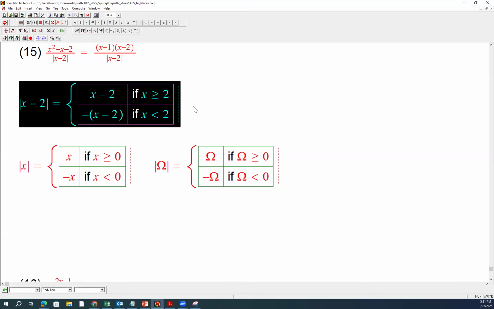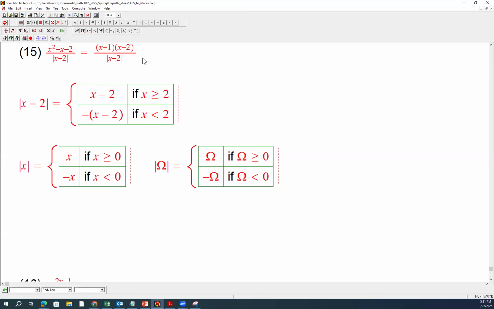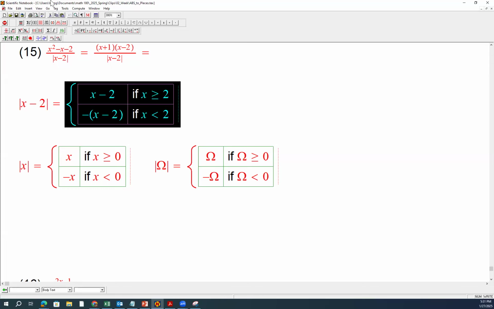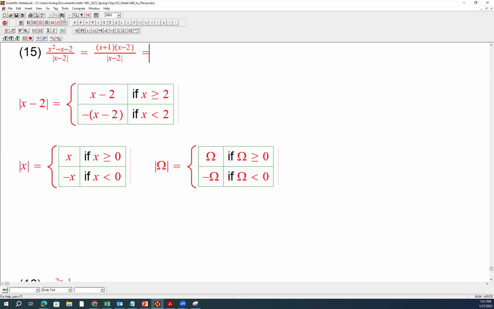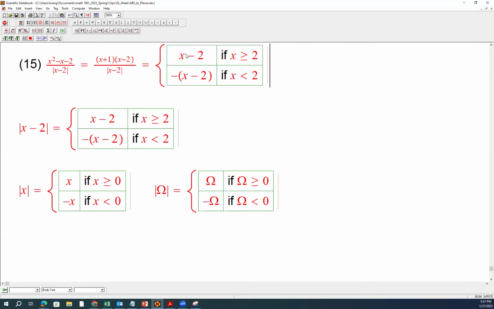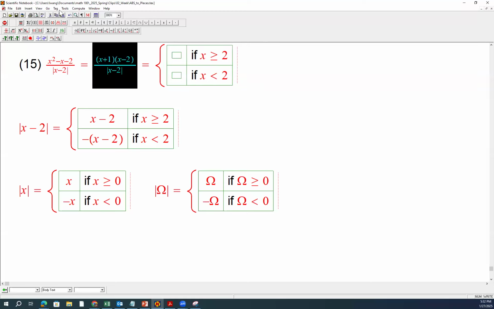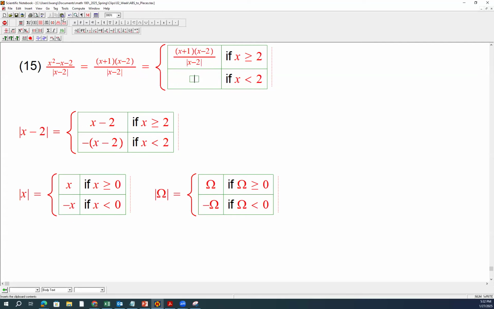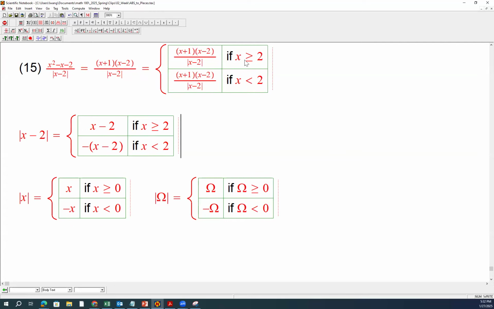Now we have absolute value x minus 2 in these two cases. I'm going to bring this over, and these two pieces I'm going to remove. This is probably easier. Well, x greater than or equal to 2. Oh, wait a minute.